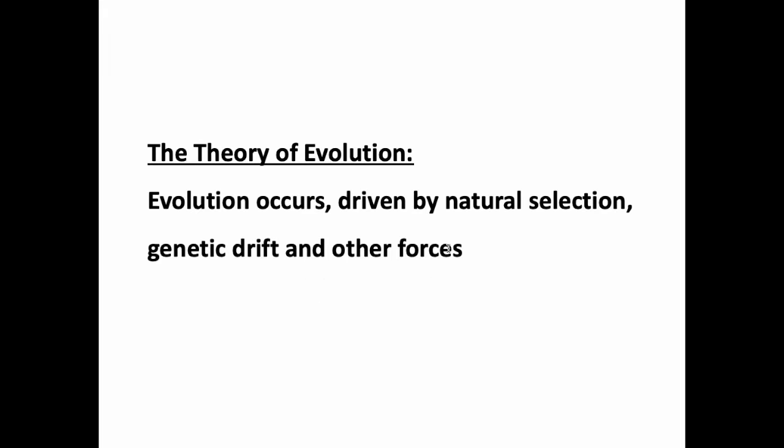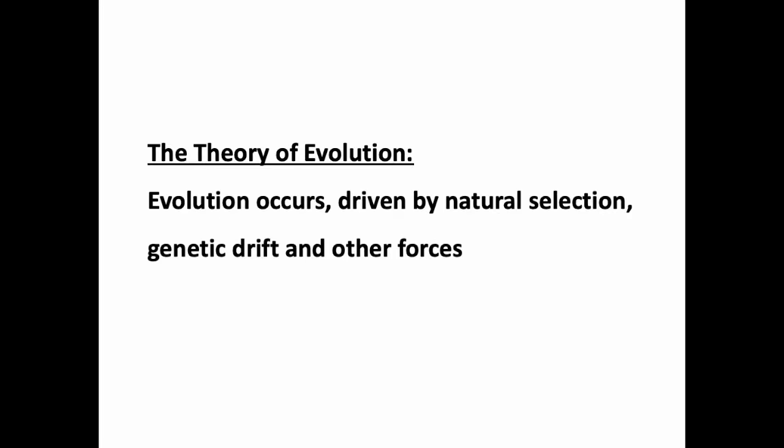So this is a theory because it is very broad in scope. It's talking about the how of changes, how these changes happen because certain individuals survive and reproduce more than others. This is explaining the why of why these changes occur, because certain individuals survive more than others because of selective pressures, all of this stuff. This is explaining the how and why of evolution, and there's a lot of support for it.